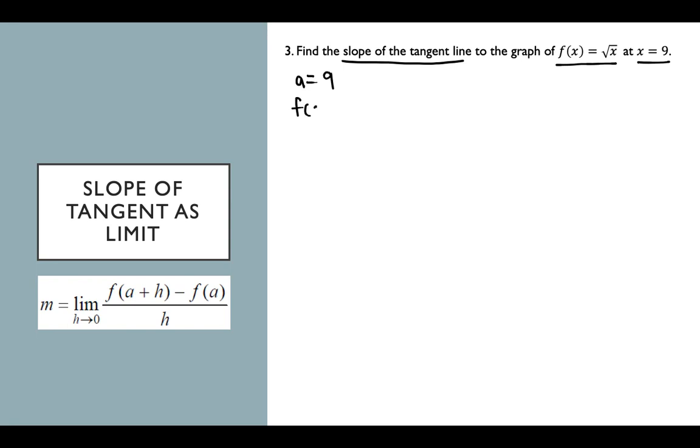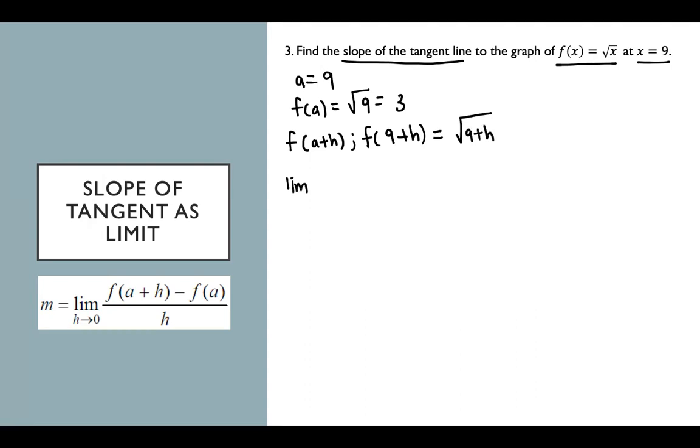Now f at a, we're going to plug in 9 into my function, which is 3. And then f at a plus h, which we know is going to be f at 9 plus h. Okay, and when I plug it in, it's going to be square root of 9 plus h.